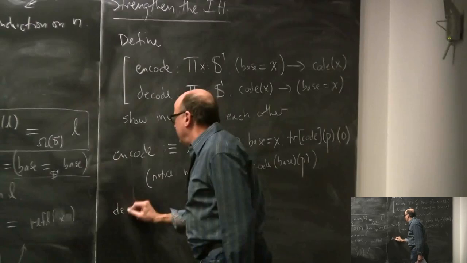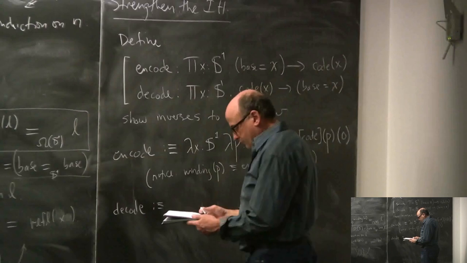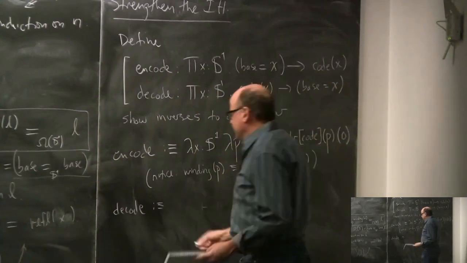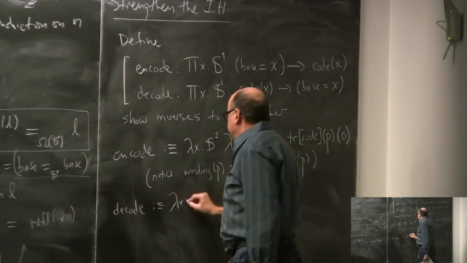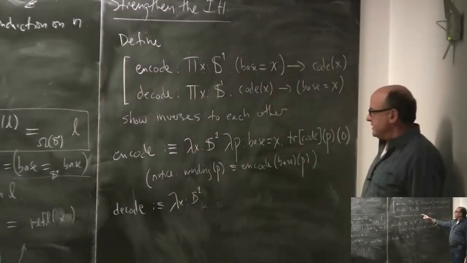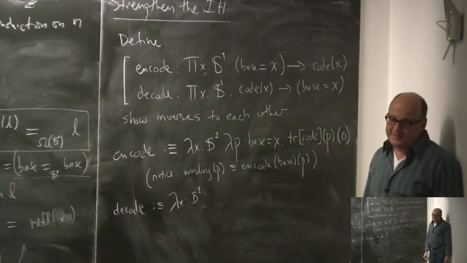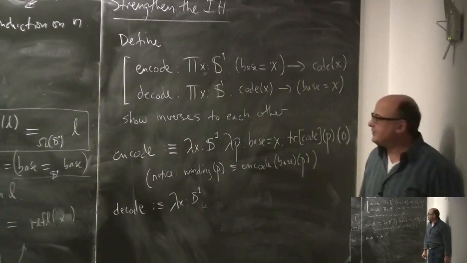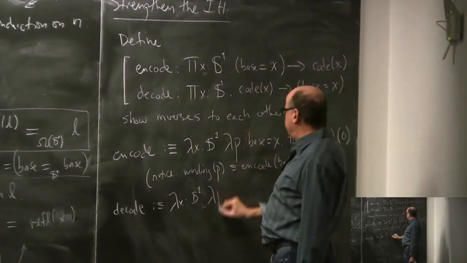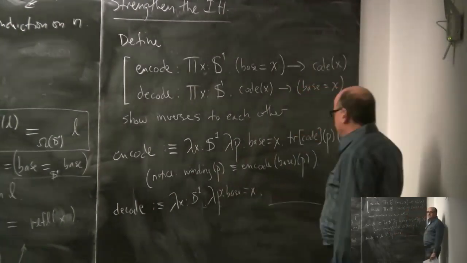And then for decode, which goes the other way, so what does decode do? Let's find this here. Oh yes, this is a little tricky. So this is the kind of thing that comes up a lot, even in functional programming settings. Like with GADTs in Haskell is based on the following mistake. Okay, so the idea is that you might think, oh, I'll just blithely go lambda x, lambda p, base equals x. That's what this is, and then figure out what to do here.